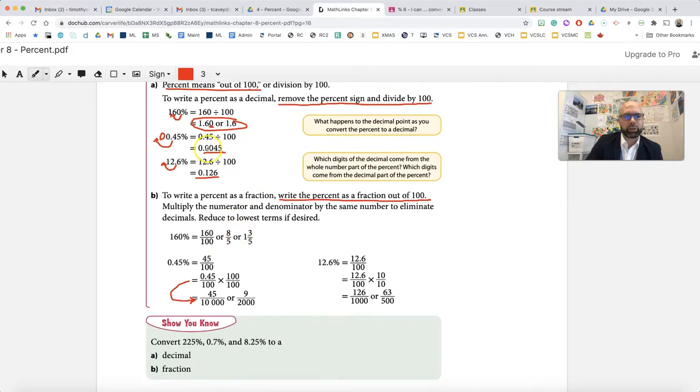If it's me, I would just jump straight to this: 45, excuse my messy writing here, over 10,000.